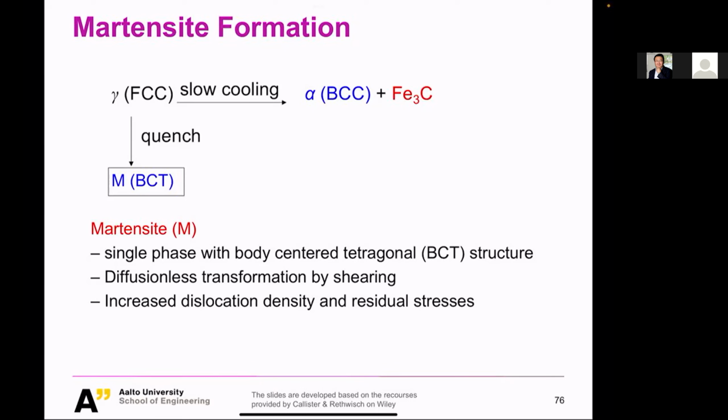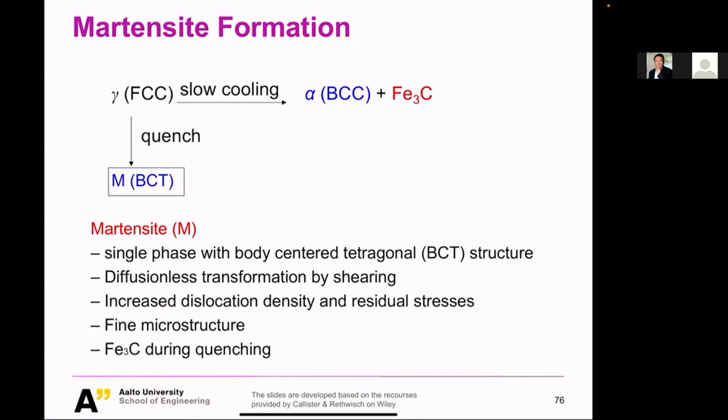That is related to the motion of dislocations, right? And that's why the martensite will have lots of dislocations inside, and lots of dislocations in turn give you some residual stresses.